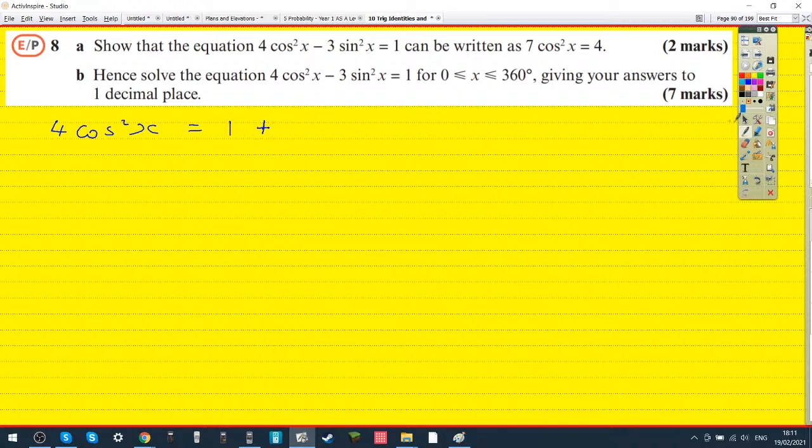And then divide by cos on both sides. No, that won't work. They want it as this. They actually tell you they want it as cos squared x, not tan. So how would you go about that?